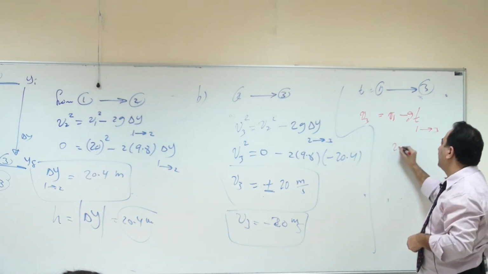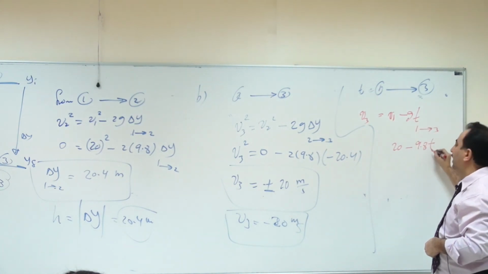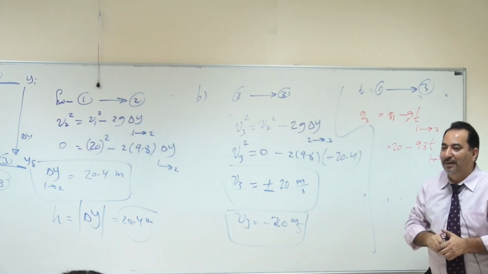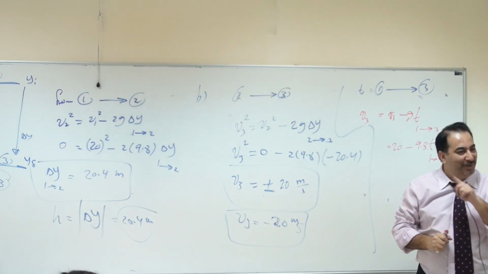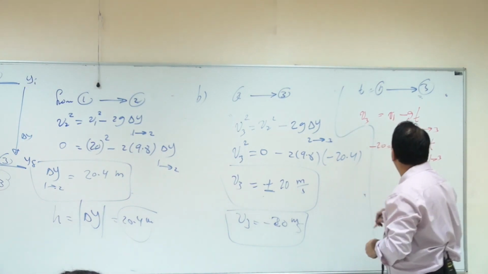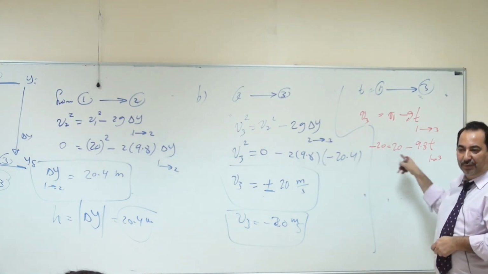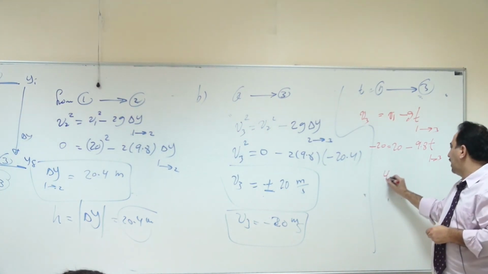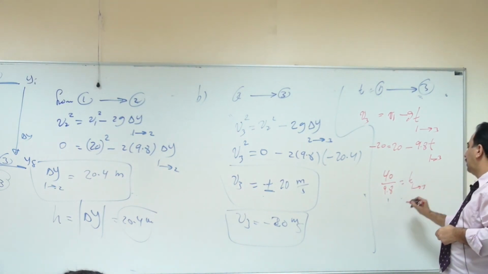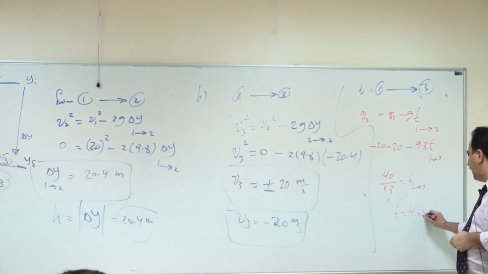Yes, 20, and minus 9.8 T, T unknown, yeah? Do you know V3? Minus 20. You know it. You found it. Minus 40 over minus 9.8, yeah? So I'll have 40 over 9.8, and T is 4 point something. 8, I think. Yeah.